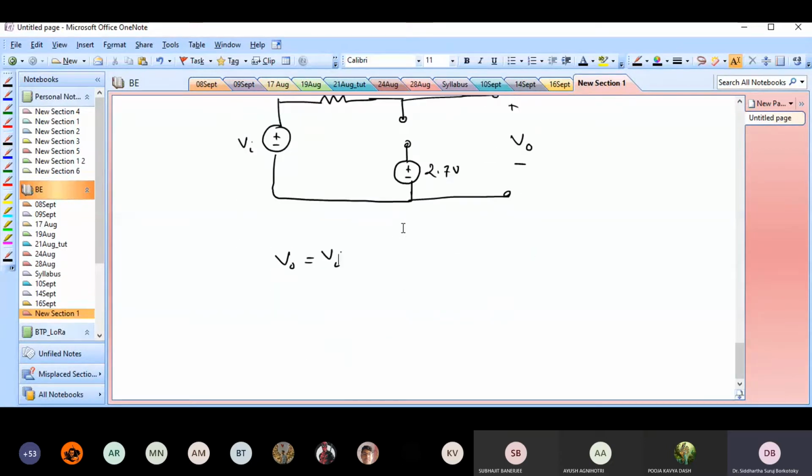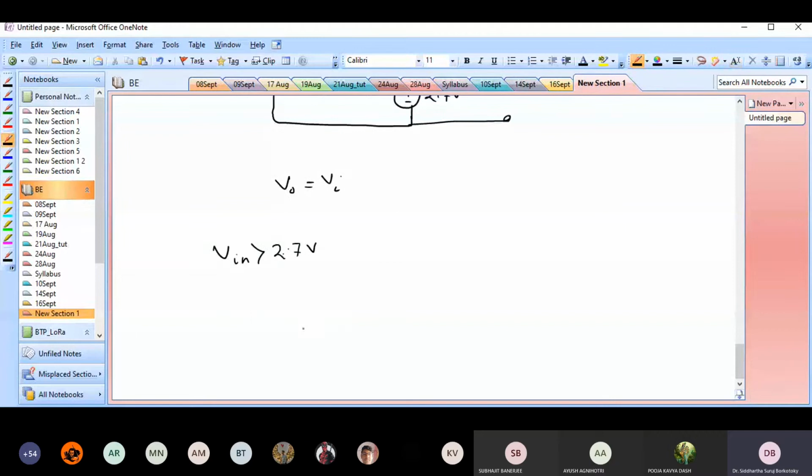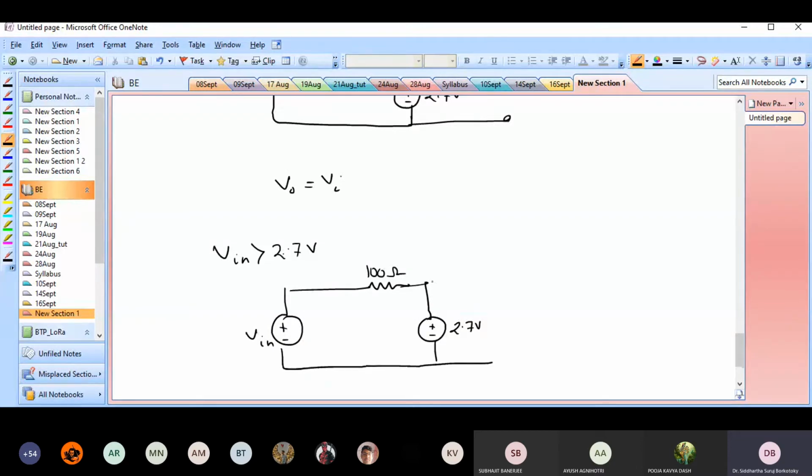But if V in is greater than 2.7 volts, then I have V in, 100 ohms. I have a short circuit in place of the diode, 2.7 volts at the output, right?